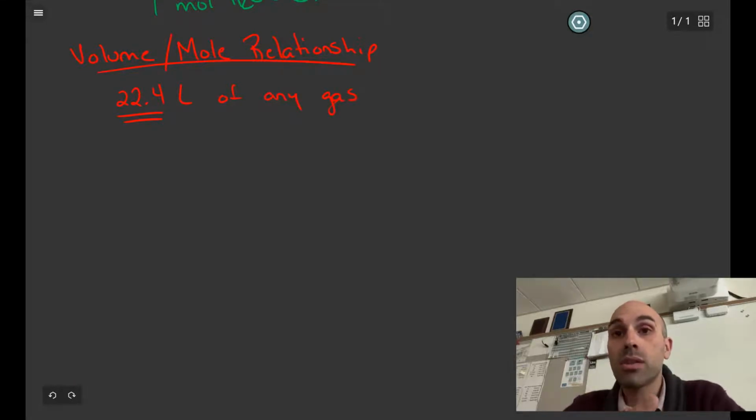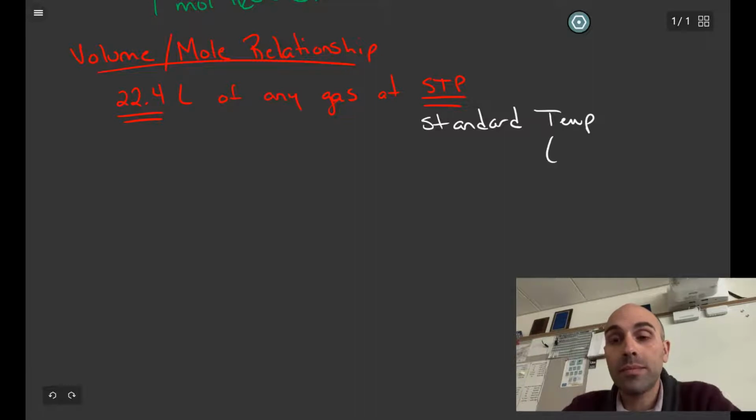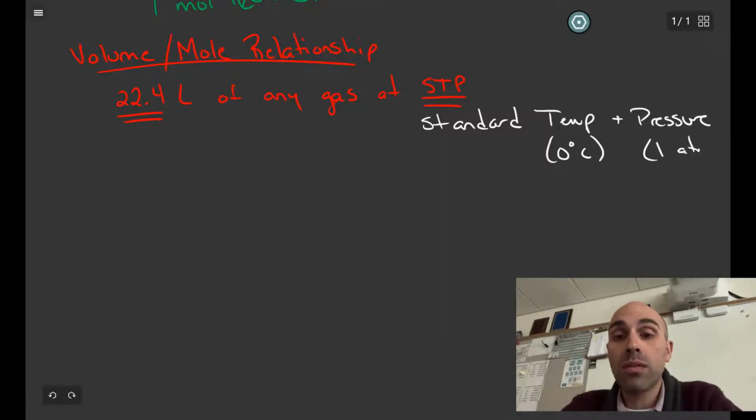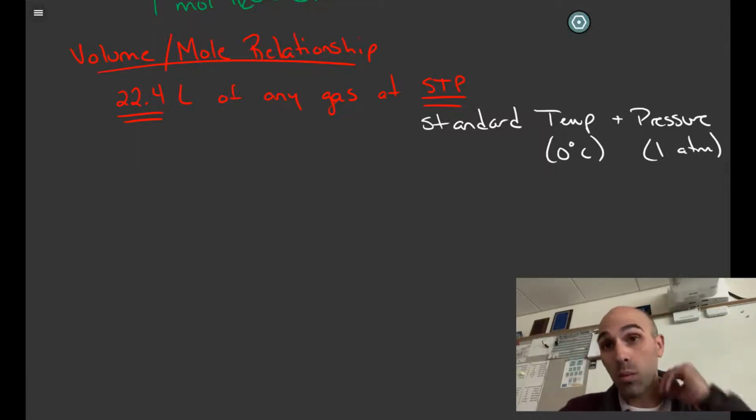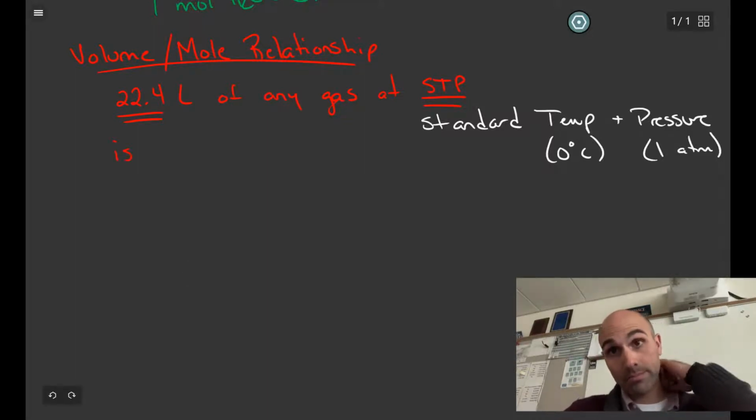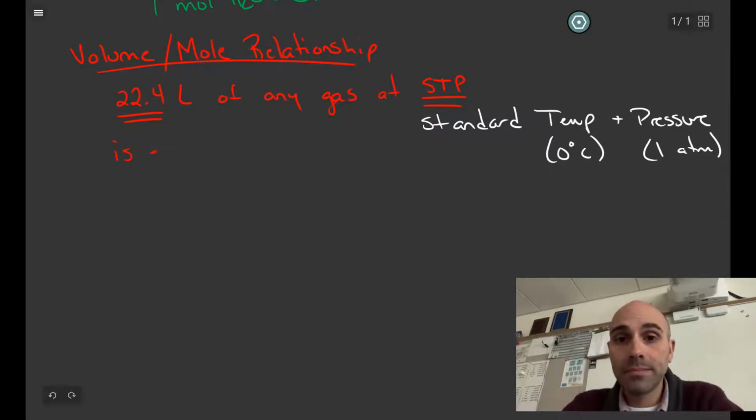Standard temperature is 0 degrees Celsius, while standard pressure is 1 atmosphere. So 22.4 liters of any gas at STP will equal exactly 1 mole of that gas.